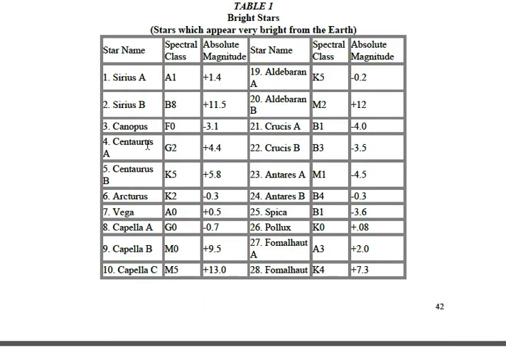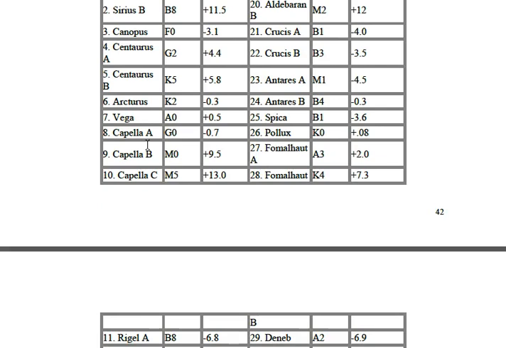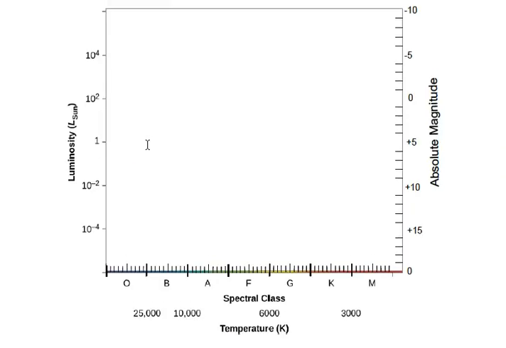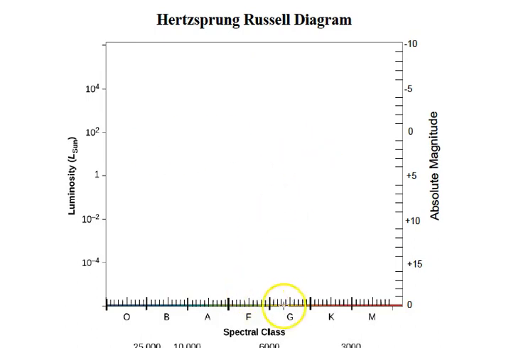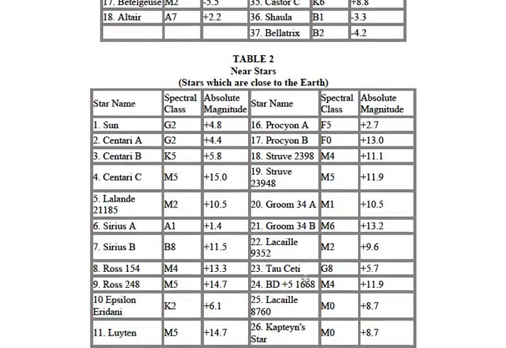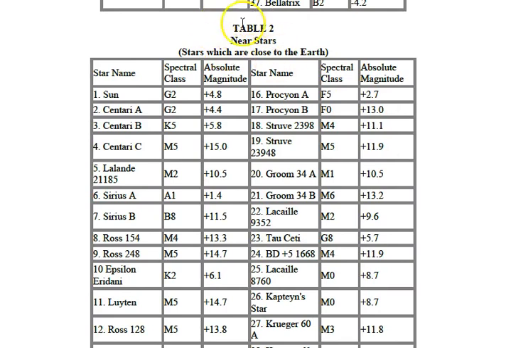We would plot them with one kind of marker, such as a pencil or a pen, on our HR diagram here. So using their spectral class and the absolute magnitude, we would plot those stars. And then we would switch our pen or switch our pencil or the color of our pen, and then we would move to the next set of tables and also plot these near stars.